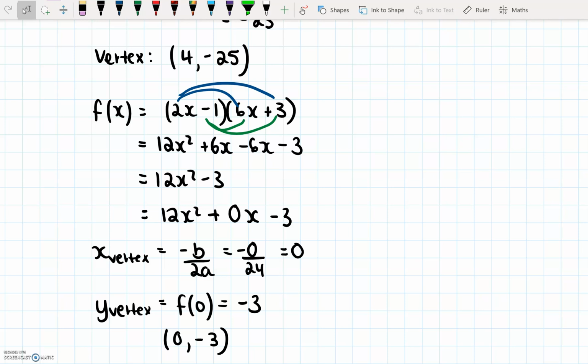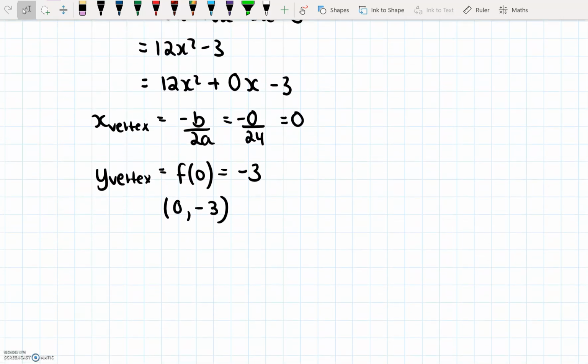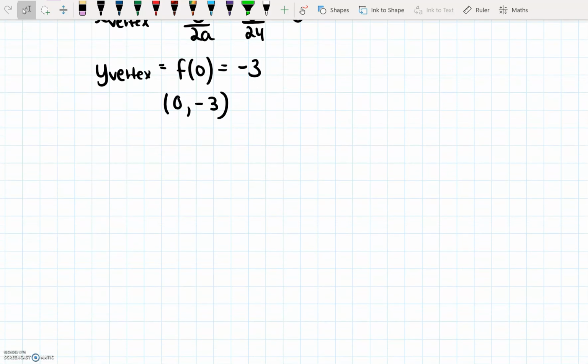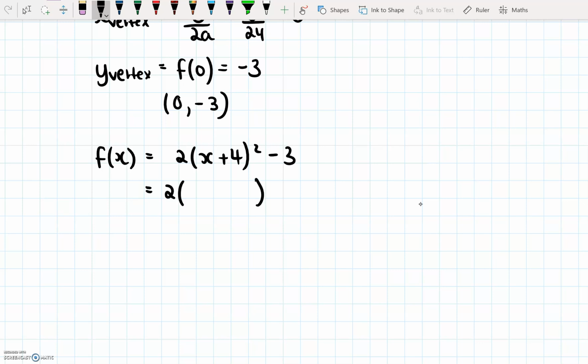Okay, this could also be if you get a formula in the other form, which is the way we've already solved them. Okay, so if you have a formula in the form of f(x) equals 2(x + 4) squared minus 3, as an example, then again the first thing you need to do is expand your brackets.